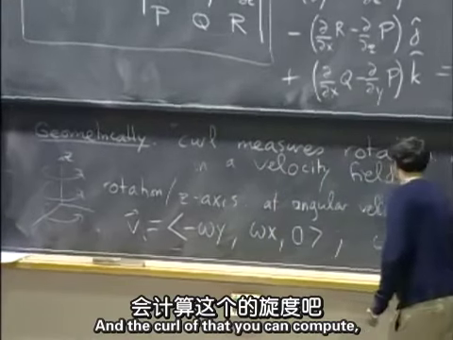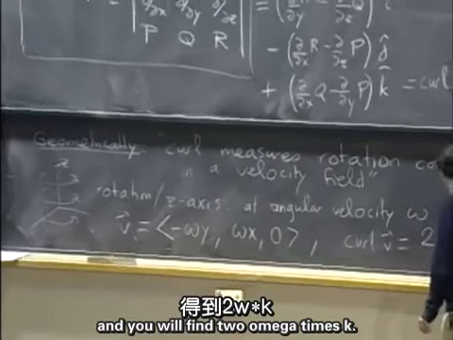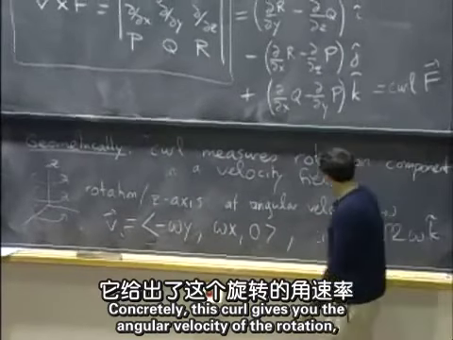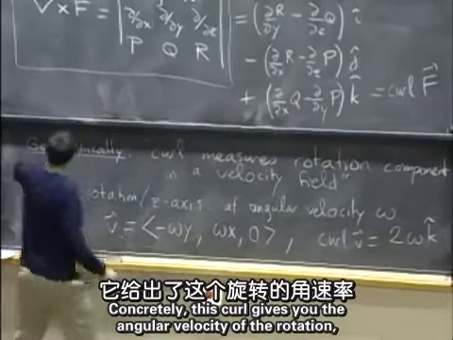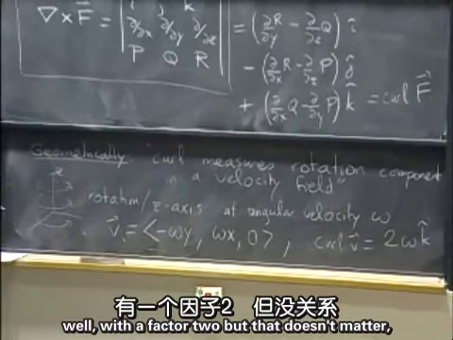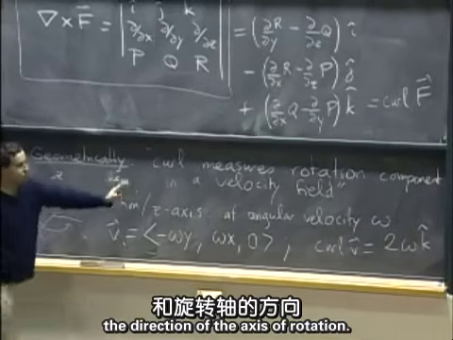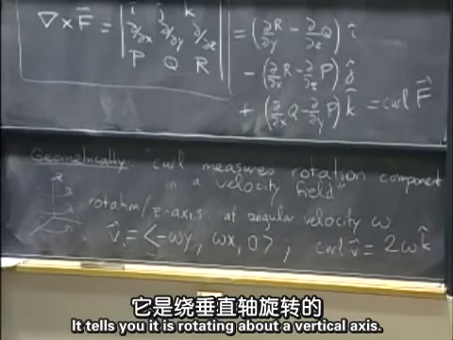And the curl of that you can compute, and you will find 2 omega times k. So concretely, this curl gives you the angular velocity of the rotation, well, with a factor of 2, but it doesn't matter, and the axis of rotation. It is the direction of the axis of rotation. It tells you it's rotating about a vertical axis.